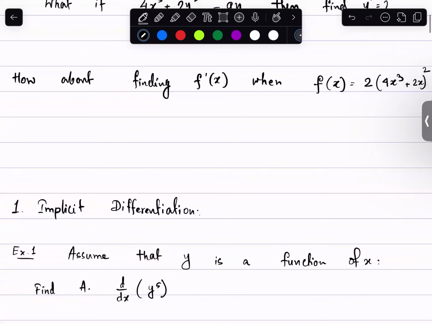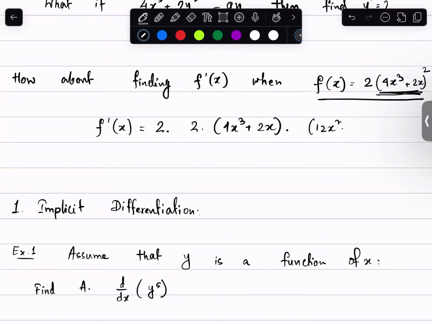And then if you have f of x given as this, then how to find f prime of x? This should not be difficult, because f prime of x can be written as 2 times, if I consider the derivative of this, I should get 2 times 4x to the third plus 2x times 12x squared plus 2.